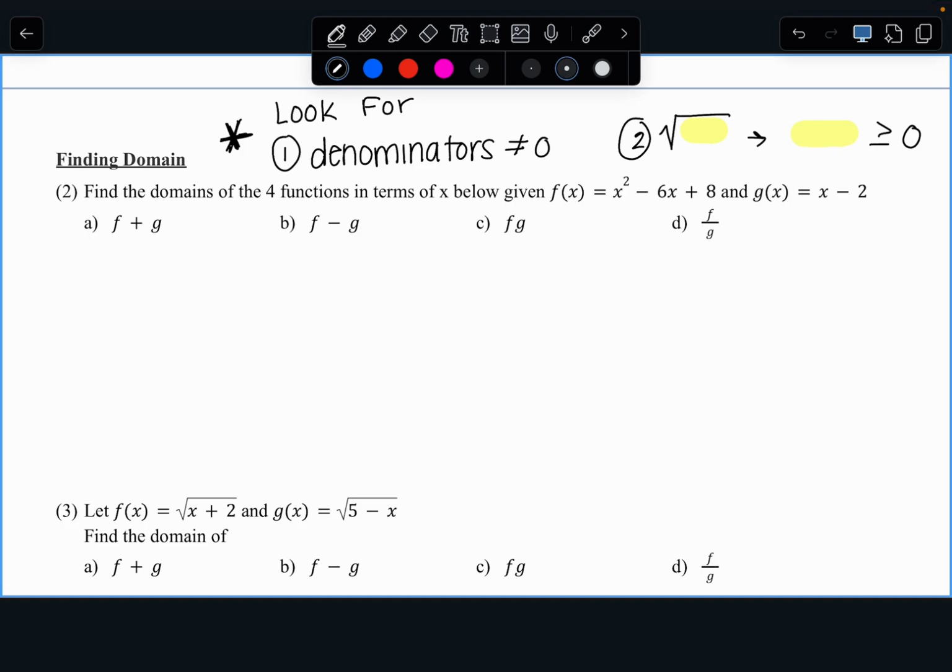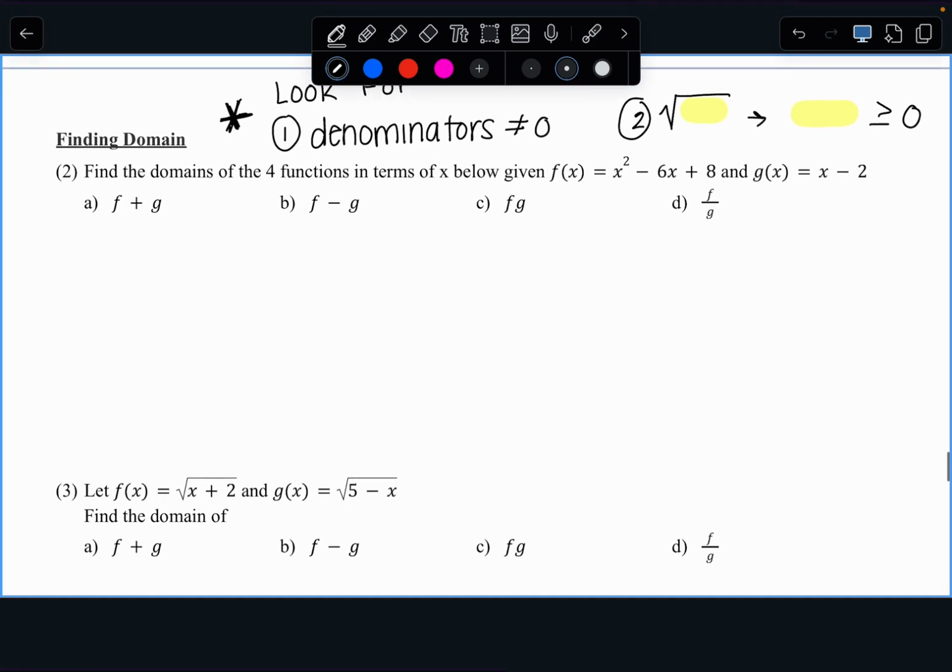If it doesn't have fractions with x's in the denominator and it doesn't have square roots, your domain is going to be all real numbers, or go from negative to positive infinity, which is the same thing.